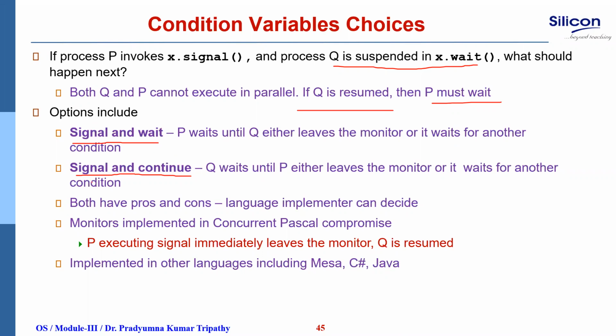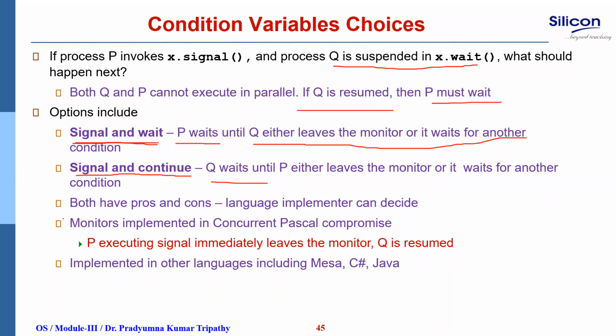If it is signal and continue, then Q has to wait. Both have pros and cons, advantages and disadvantages, and a language implementer can decide which one to use.